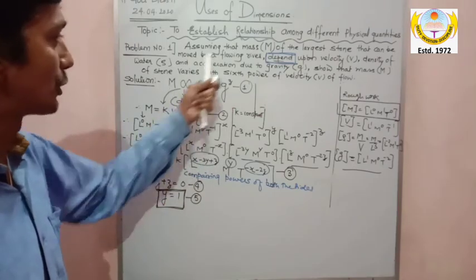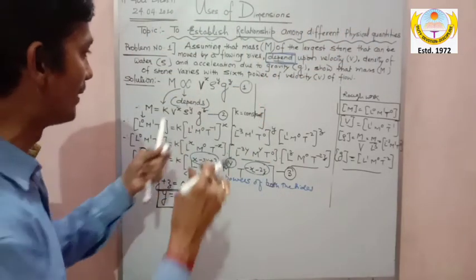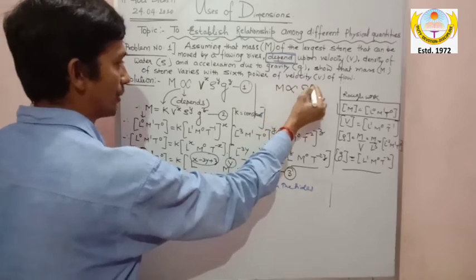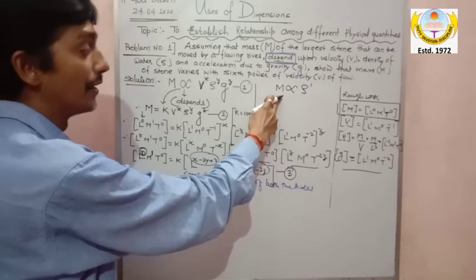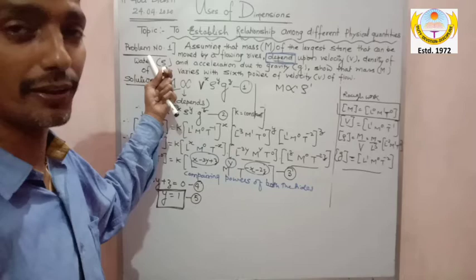That means the mass of the stone which is flowing in a river is directly, now I will say, as soon as the power is 1, this means it is directly proportional to rho. It means the mass of a stone flowing through the river is directly proportional to the density of water.